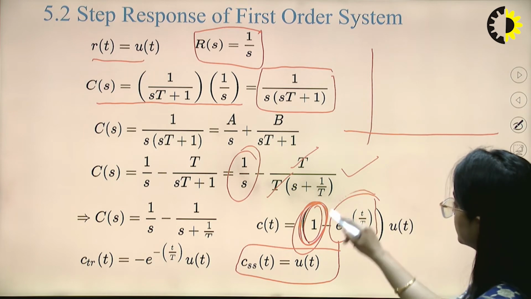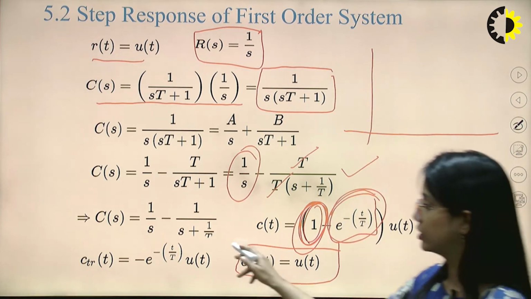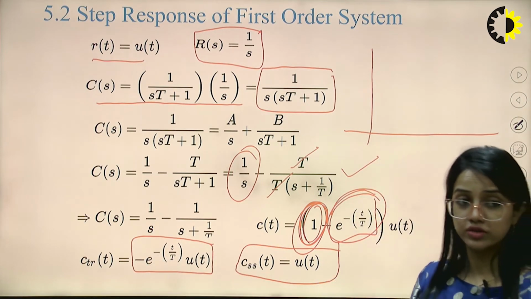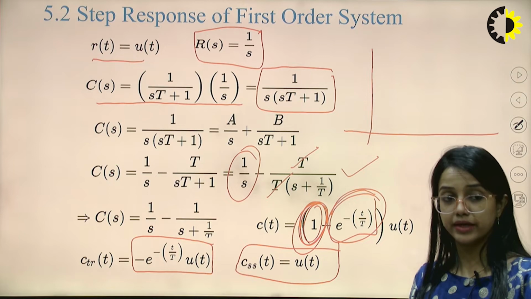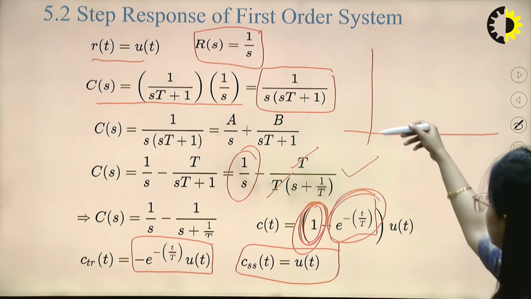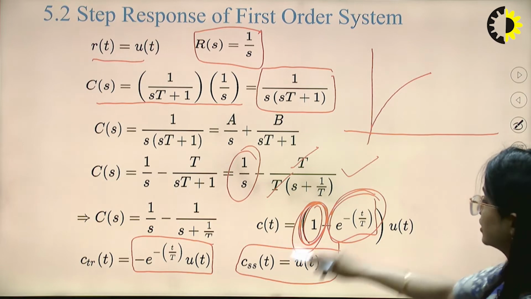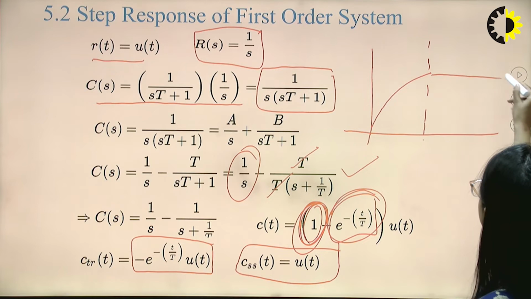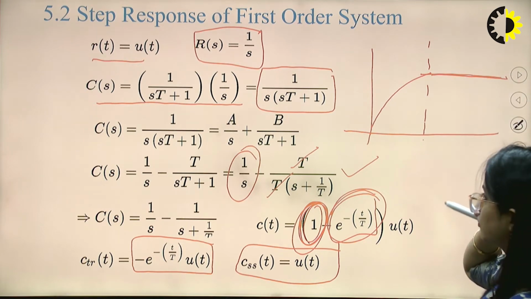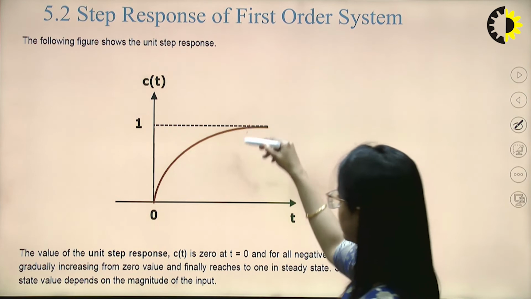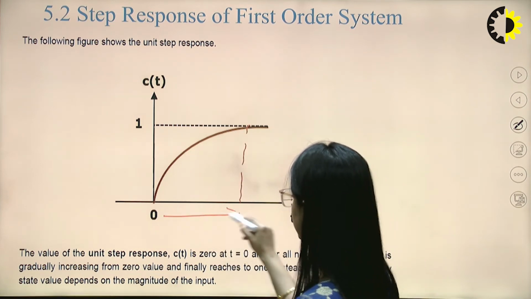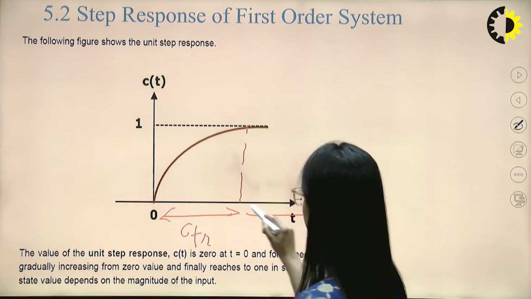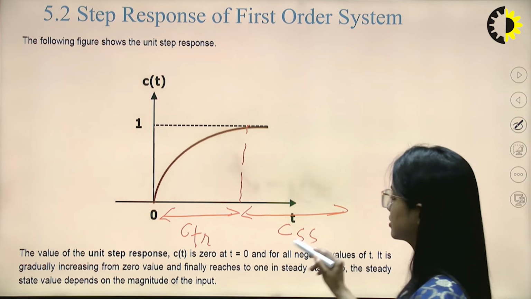Since this varies with time, it is of course a part of the transient, the term with minus e raised to the power minus t/T. So the transient will be like this, and after the transient phase it will settle like this. This part is c transient, and ahead of this is c steady state.